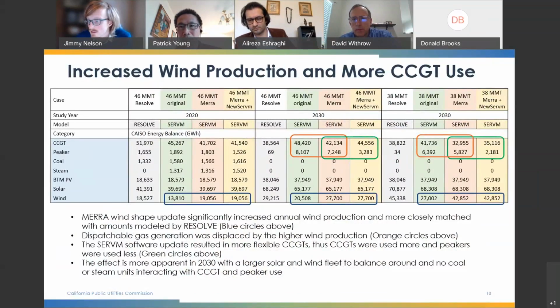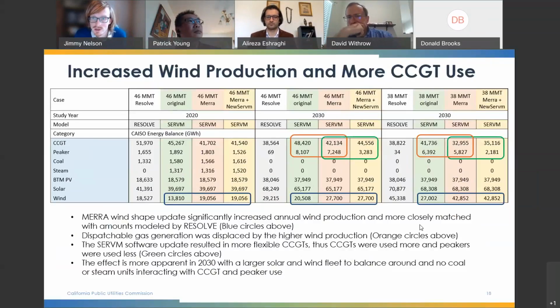The other detail to note is that we refer a lot of times to resolve's 37 sample days, and there's potentially a worry that the wind capacity factors inside of those days, because you're sampling a small subset of days, might not match the historical average. We know of that challenge, and we go through a process where we normalize the wind shapes in the 37 days to match the long-run historical capacity factor.